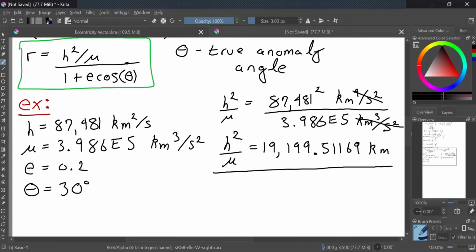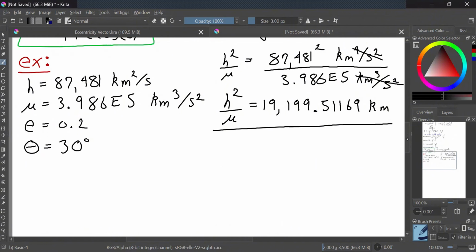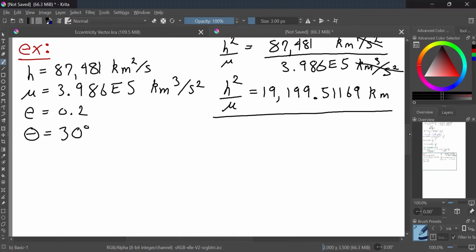Underline that so we don't lose it. And then our denominator is going to be, tell you what, I'm going to scroll down a little bit and write it down here.